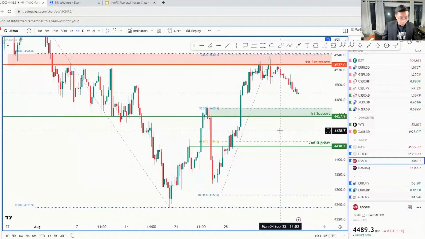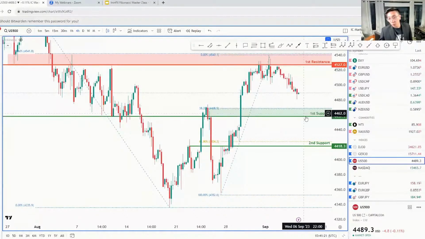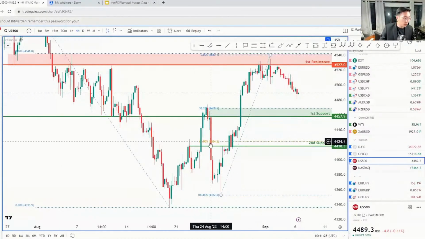Okay, so for US 500, it's very, very simple. Basically, price will come down to this 38.2% level and then go up. All right. And then your second support will be your 61.8% retracement level.